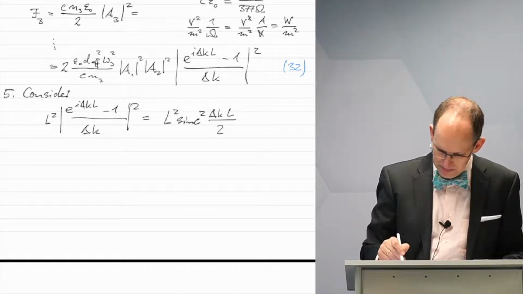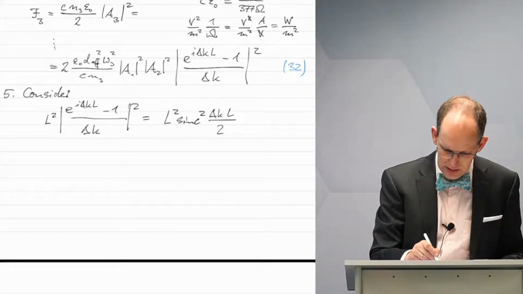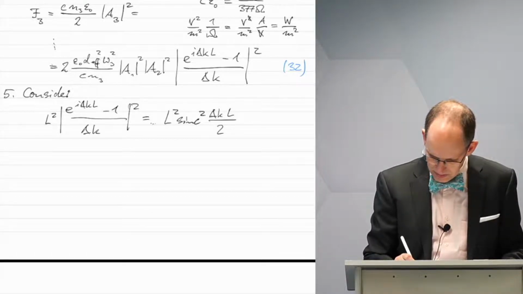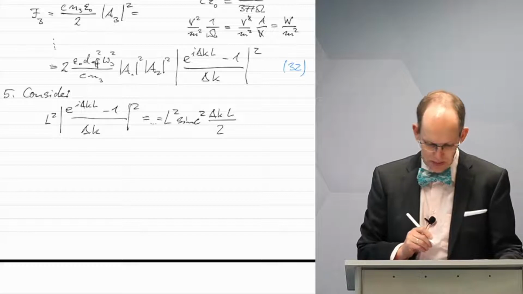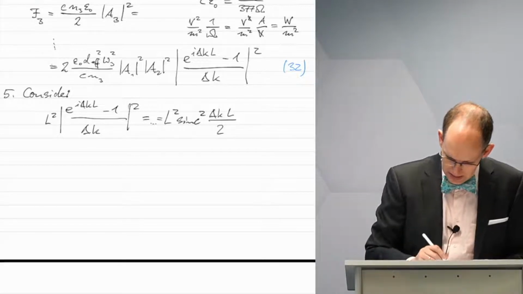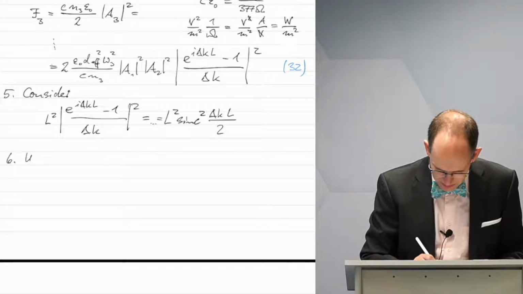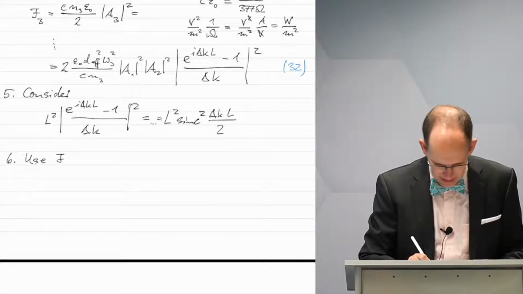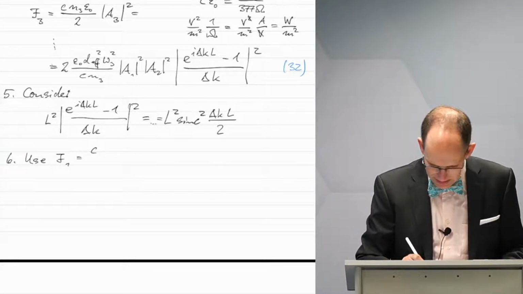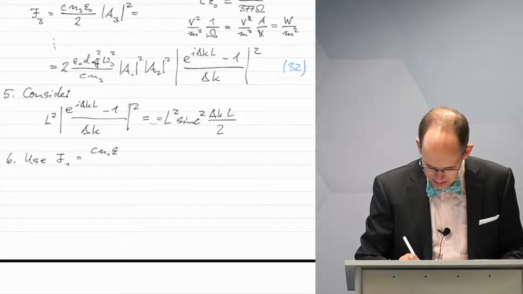So after a few steps, one finds this here. Next we use that I1 is equal to c times n1 times epsilon 0 divided by 2 times the magnitude of A1 squared.